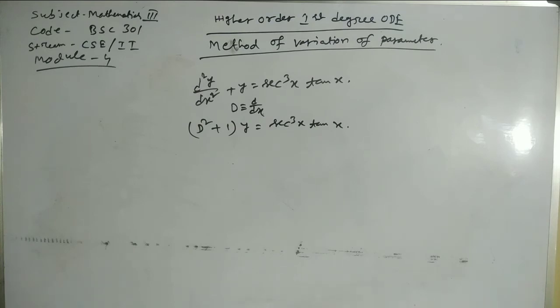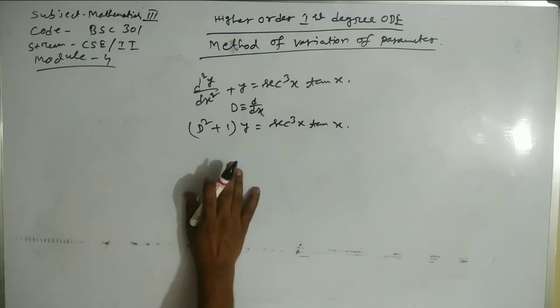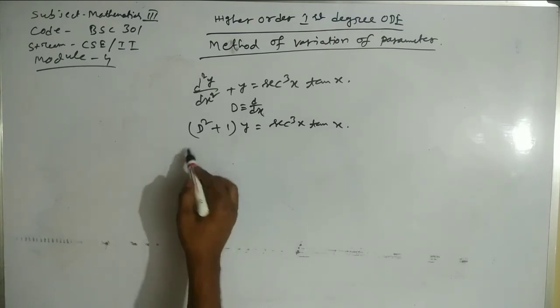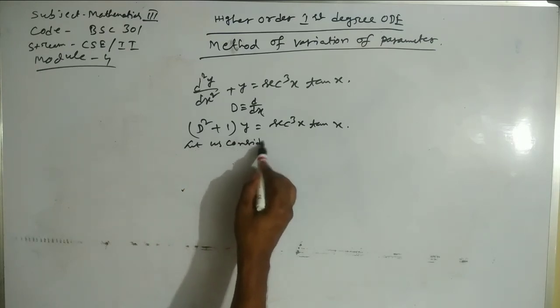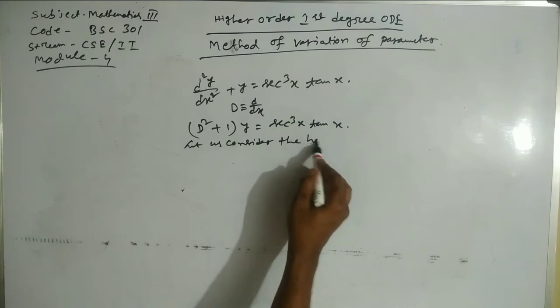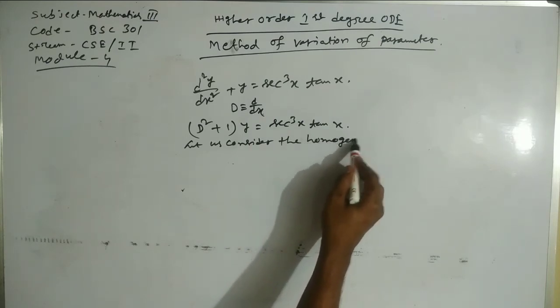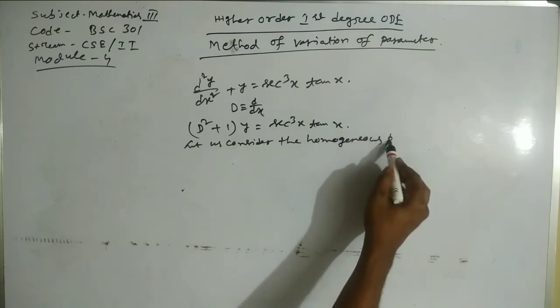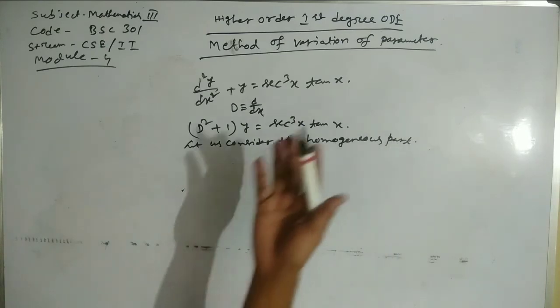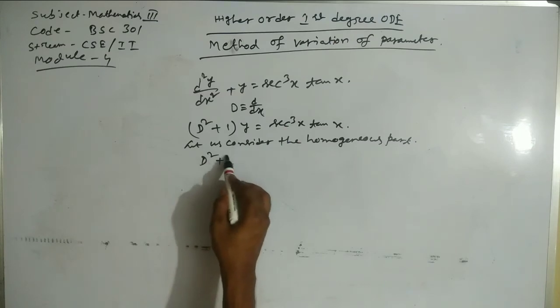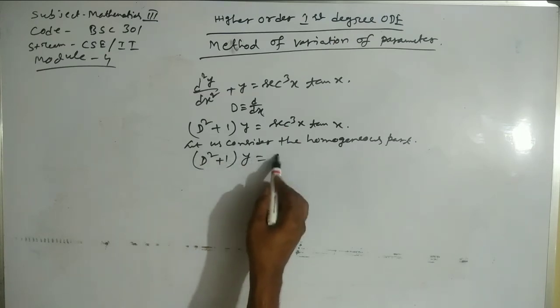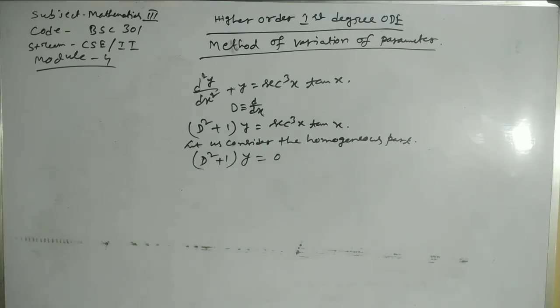Now to find complementary function, we have to first consider the homogeneous part, that is, we have to consider the right hand side as 0, that is D square plus 1 operating on y is equal to 0. Okay.